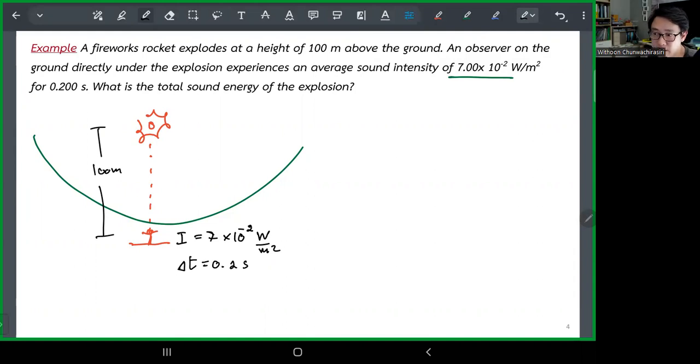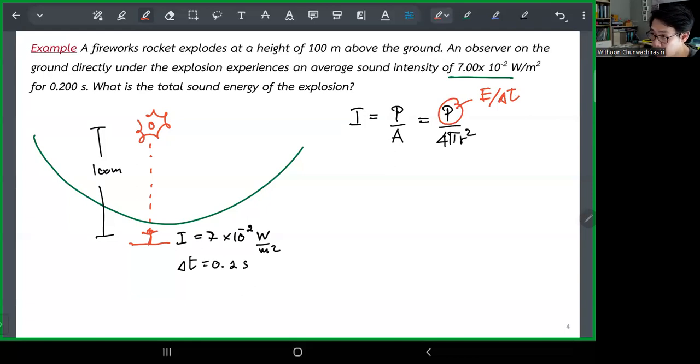Well, John, this is pretty straightforward. First of all, from the definition, intensity is just power per unit area, and because the area is treated as a sphere from a point source, it's 4 pi r squared. Then you learn that this is the power of the source, which is just energy per unit time.